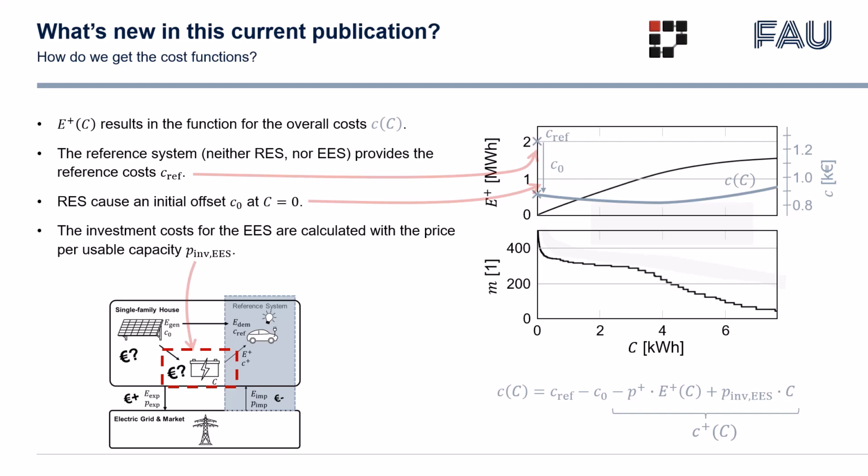On the right side, you have the investment costs, so p inv EES times C, which is at the moment roughly 700 euros per kilowatt hour for lithium-ion batteries. Sometimes they go down to 500, sometimes they are still more expensive. And on the left side, you can see the price for the additional energy. This one here is now dependent on import prices, export prices, efficiencies, etc.